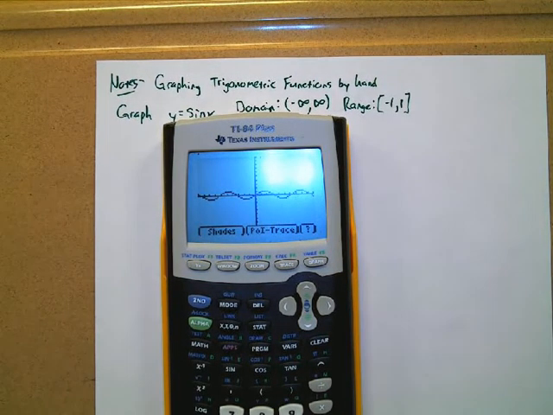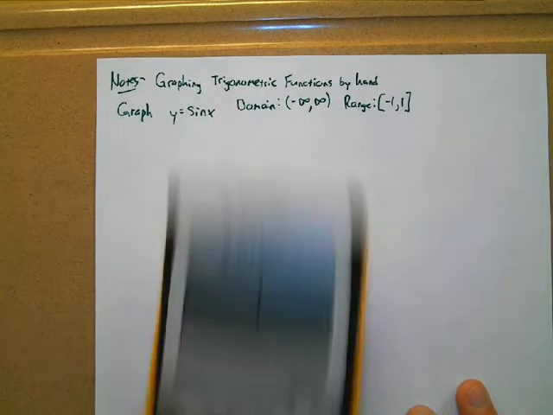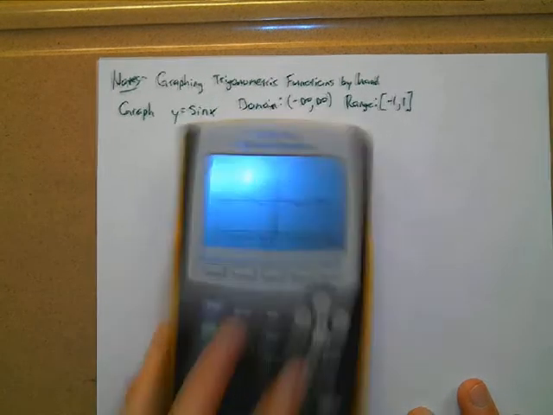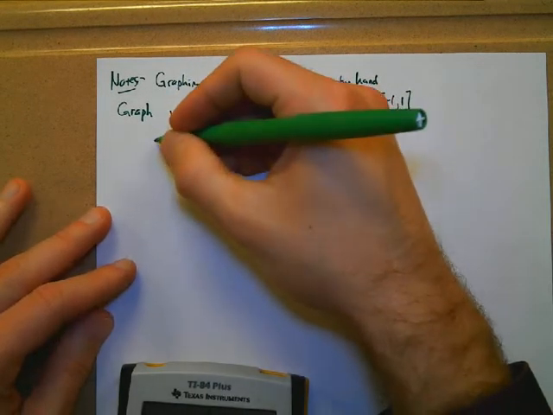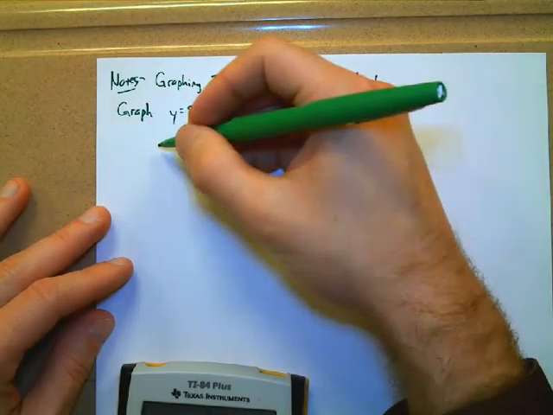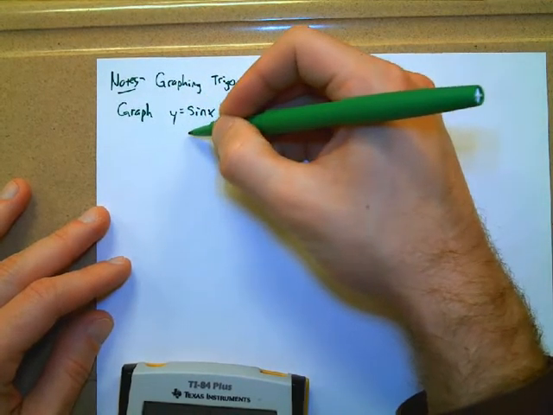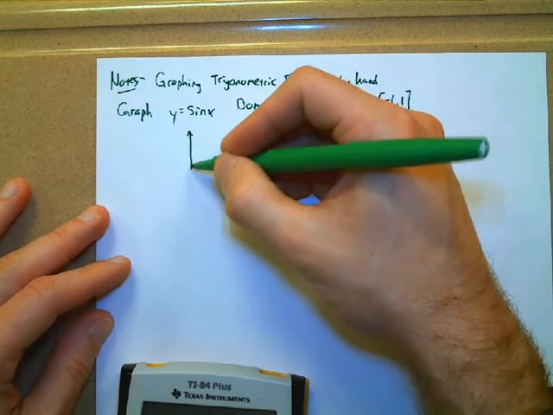It starts and stops and then repeats, and then repeats. So let's graph the sine over 2 full periods here. So I'm going to start my graph like so.